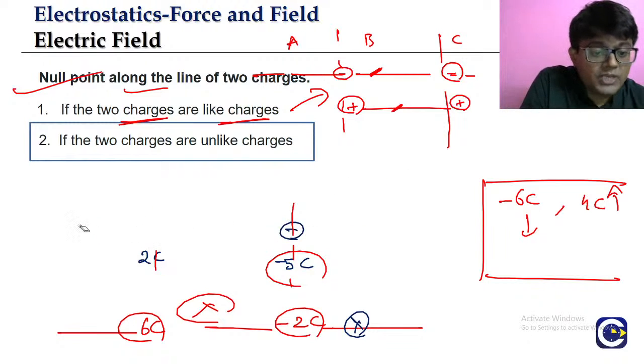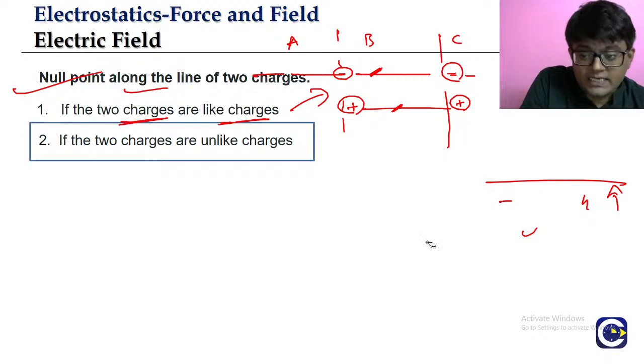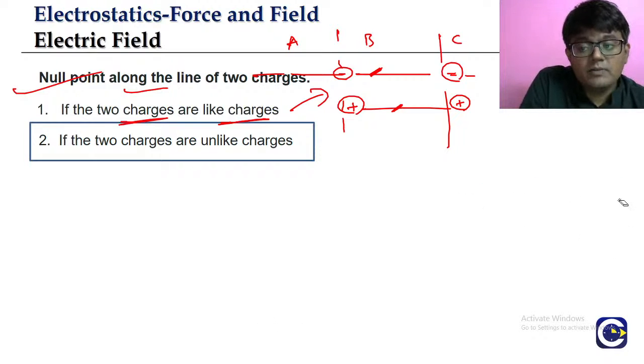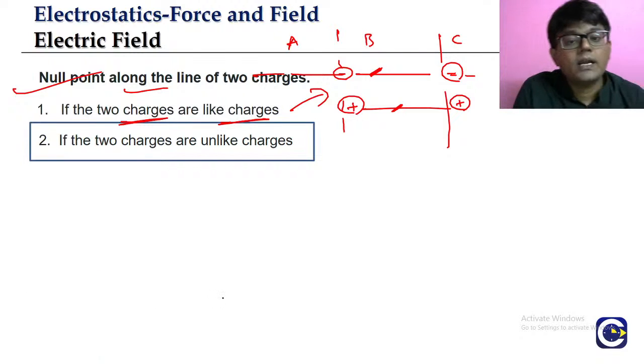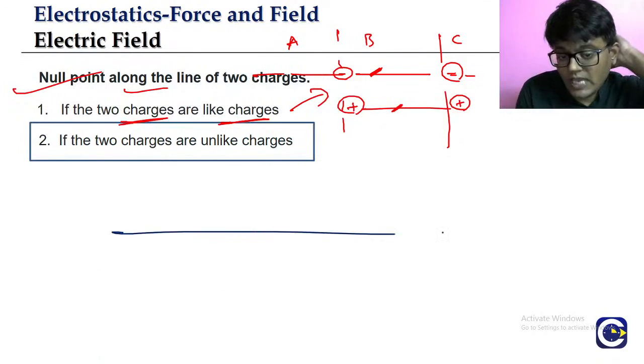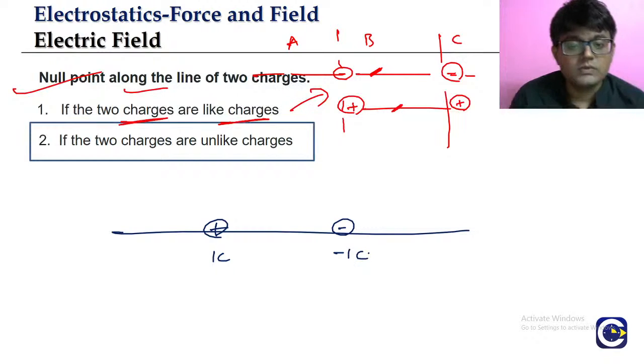Okay, now you may have another doubt. What is it? Sir, if you have unlike charges, we said the null point will come on the side closer to the lower value charge. If you have a situation, look, here 1 coulomb, and here minus 1 coulomb, equal value but opposite. Numerically they both are equal, but nature wise they are opposite, unlike charges.